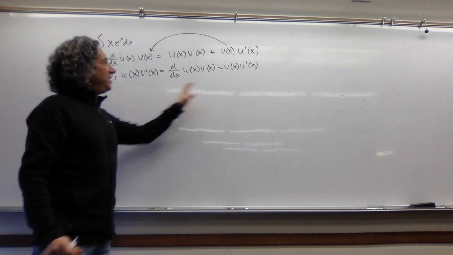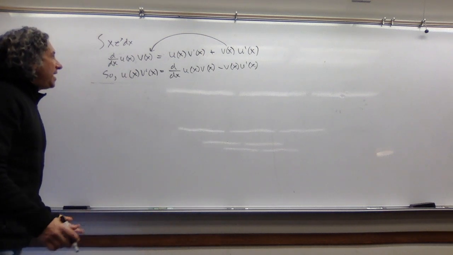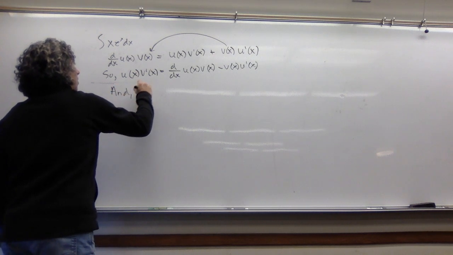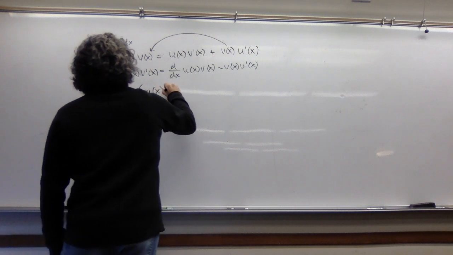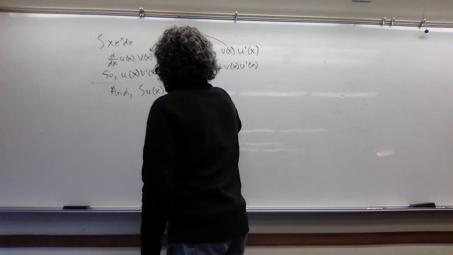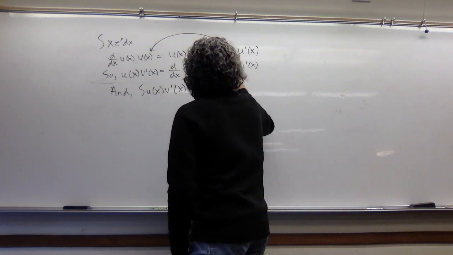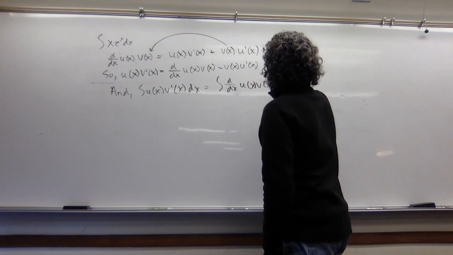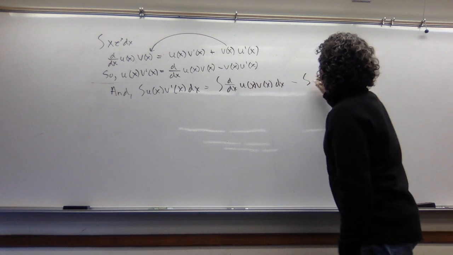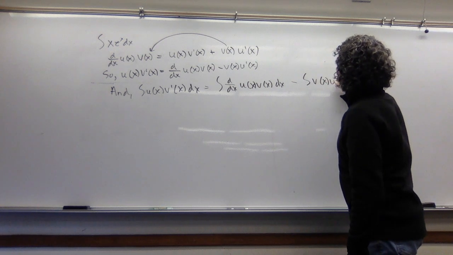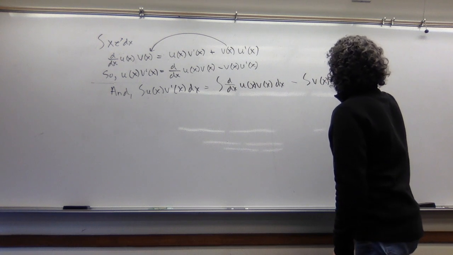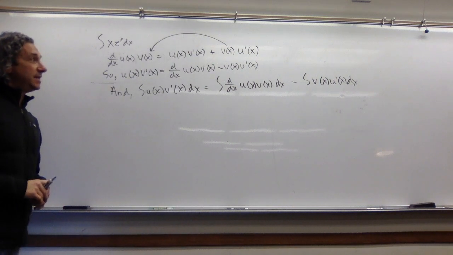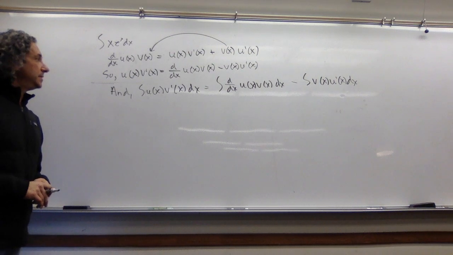If you believe that those guys are equal, then I can integrate both sides, and equality should be preserved. So I'm just integrating across, integrating each of these terms. We know we can do that because the integral of a sum or difference is the sum or difference of the integrals.